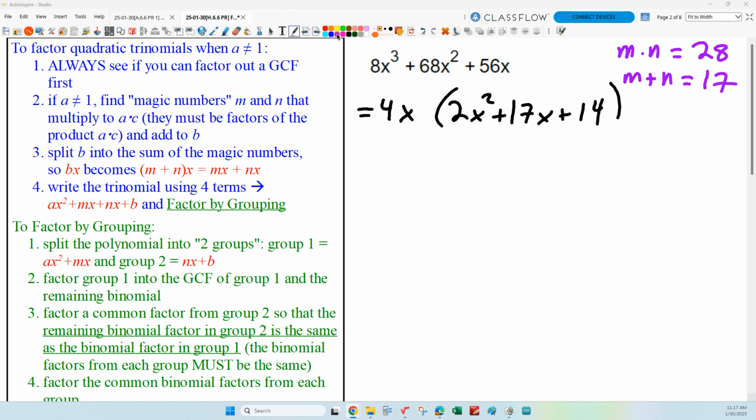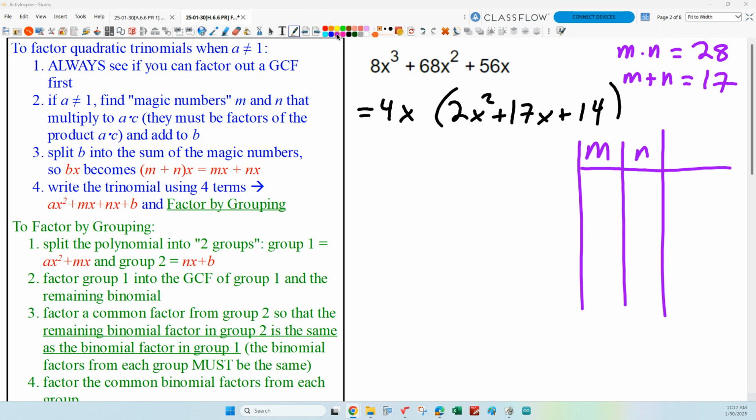Because if the product is positive, it's easier to find pairs of factors. If the product is negative, then it's easier to find numbers that add to the linear coefficient. Okay? So this would be one where our table would look like this, m, n, and we're going to find pairs of magic numbers that are factors of 28 until we find some that add to 17.